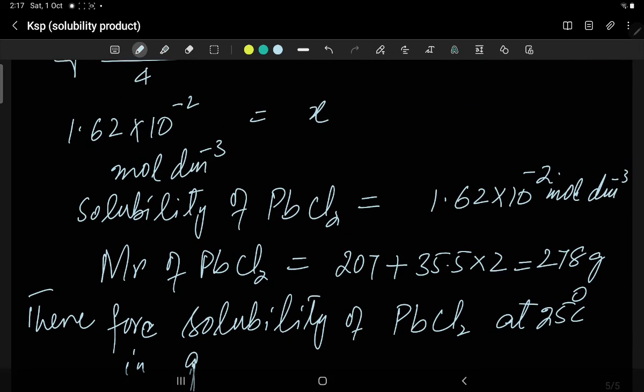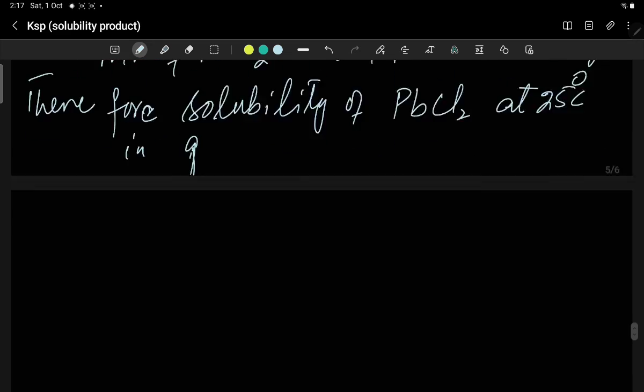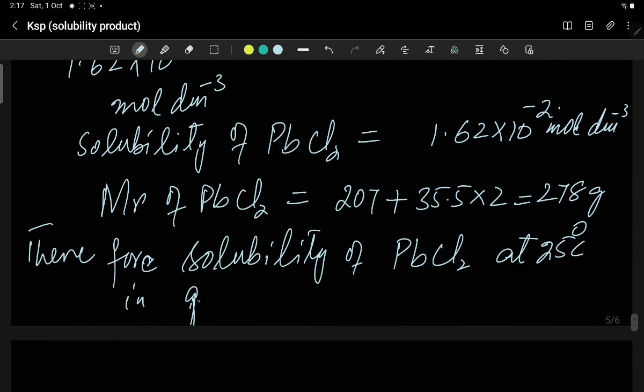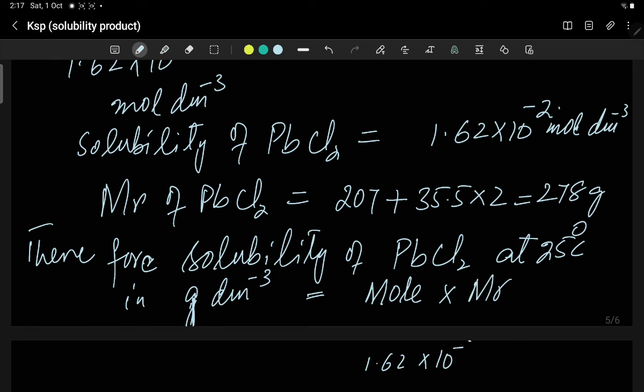If we want to convert into gram, if we want to find out the solubility of PbCl2 in gram dm inverse cube, then it is equal to mole into Mr. Mole is 1.62 × 10^-2, Mr is 278.